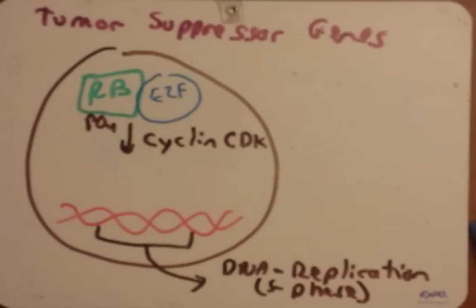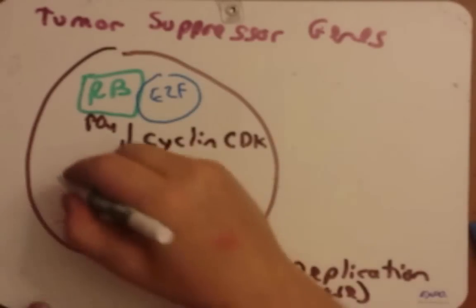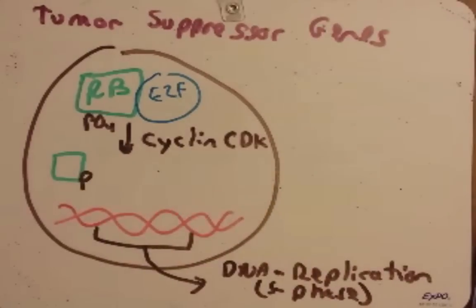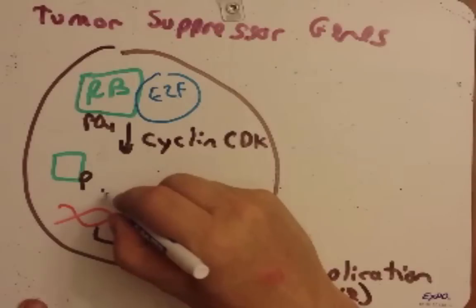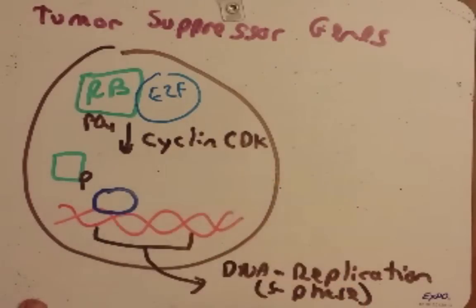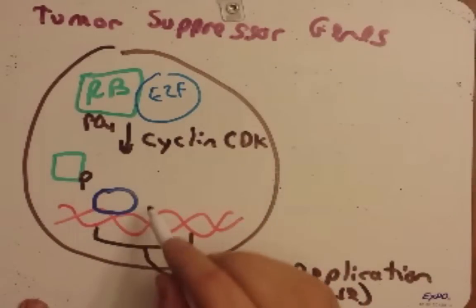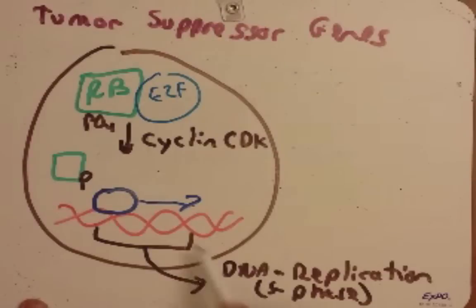That causes a conformational change, releasing E2F. And now E2F can bind to the DNA, to the promoter, turn this gene on for DNA replication, and now the cell cycle can proceed into S phase. And it'll remain like that until it's necessary to stop again.